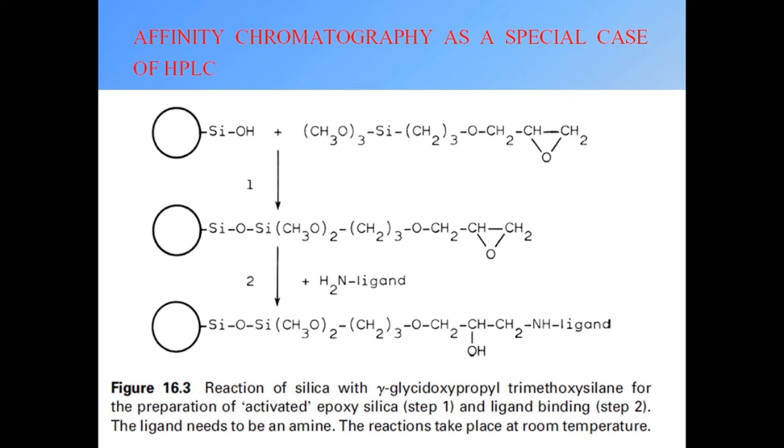Next important point, affinity chromatography as a special case of HPLC. Affinity chromatography differs from other chromatographic modes in that a suitable stationary phase can specifically catch either a single or several components out of a random mixture of products owing to a naturally occurring biospecific bond.